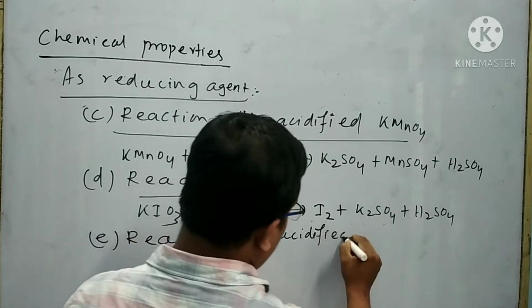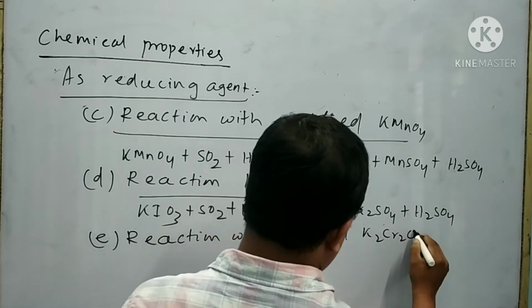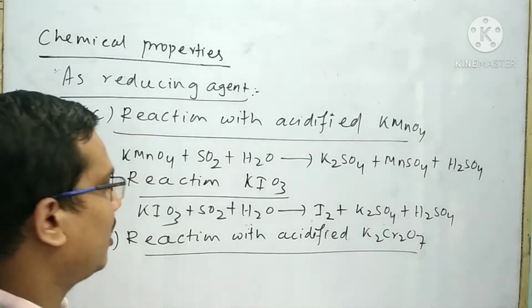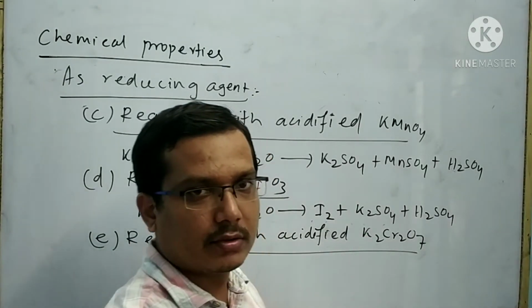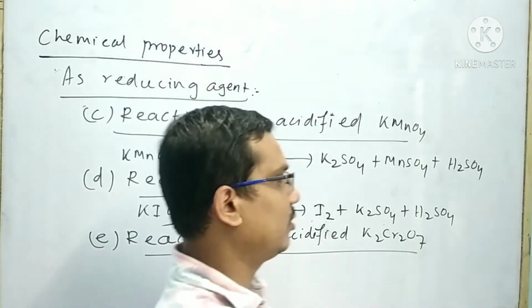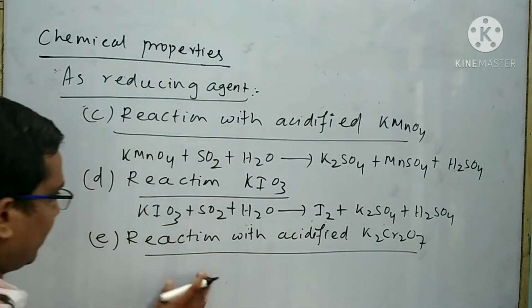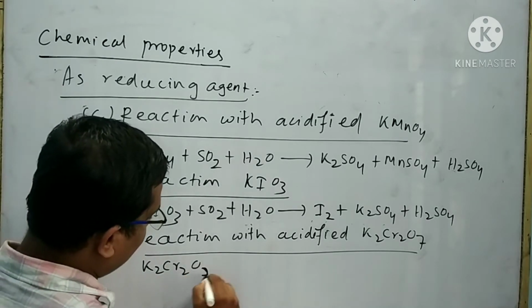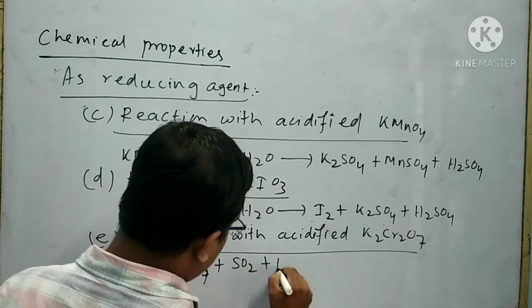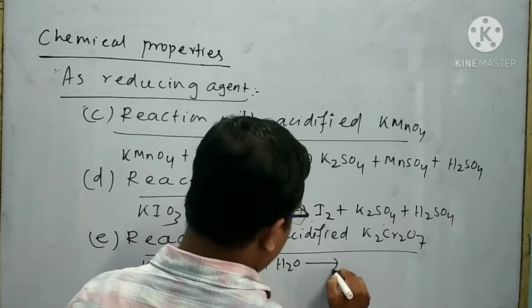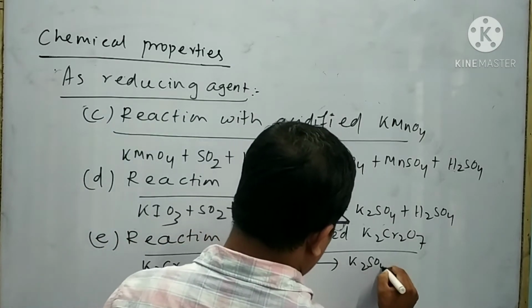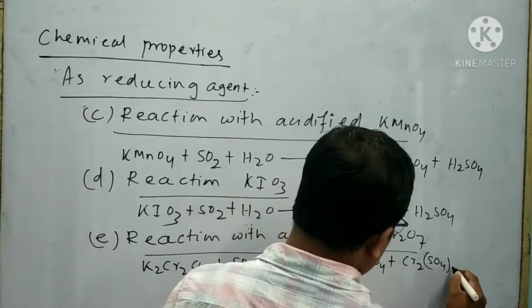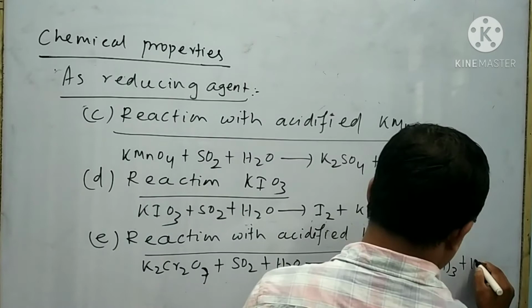Next reaction is reaction with the acidified potassium dichromate solution. Sulfur dioxide turns the acidified K2Cr2O7 solution to green. So I can write the reaction like this: K2Cr2O7 + SO2 + H2O gives K2SO4 + Cr2(SO4)3 + H2O.